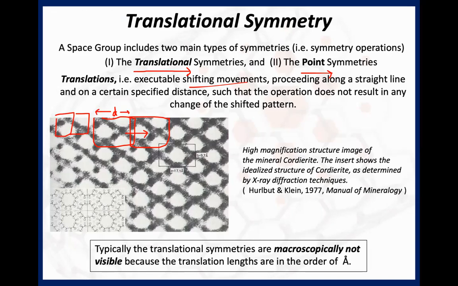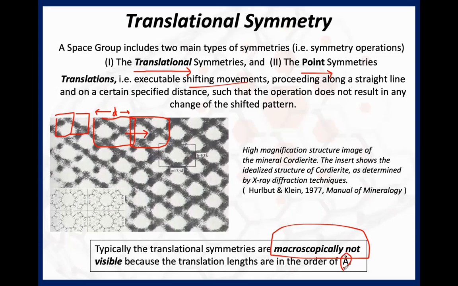But the thing is, this is atomic scale, so you can't see it macroscopically, because the distances are in angstroms. Angstrom is a unit of measurement of length in crystals.